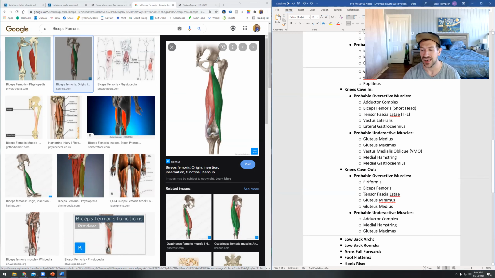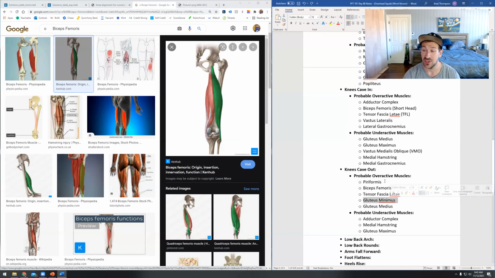And so that's a very tight muscle that's causing that caving action to occur by pulling the femur upwards, not internally rotating it. So that's the one where I'm like, wait, it's overactive on opposite problems. That doesn't make any sense. And it's because that muscle has two jobs, which is also why it's very commonly overactive.